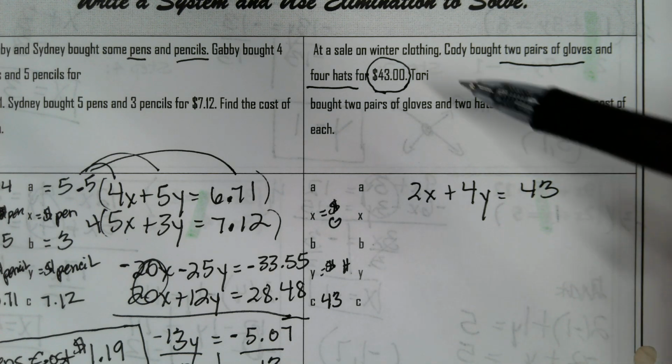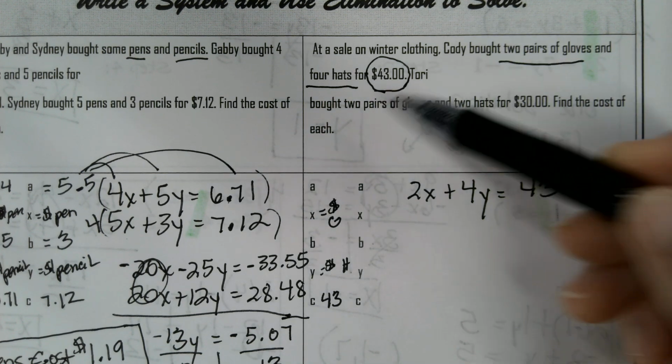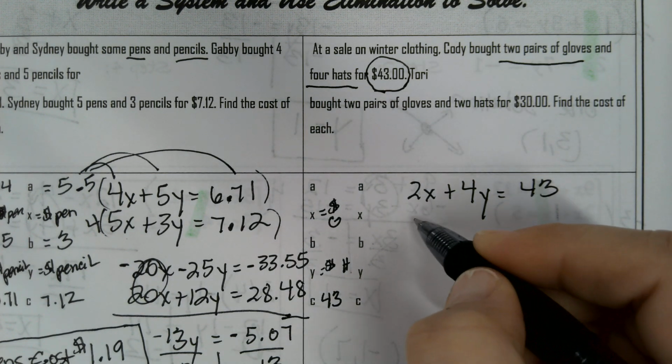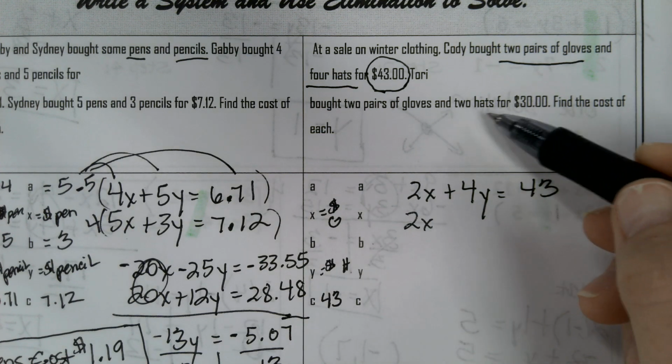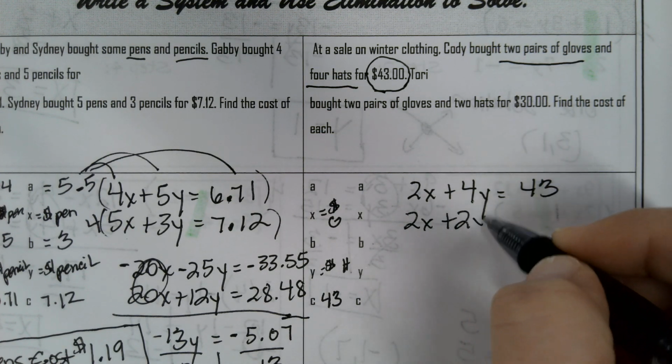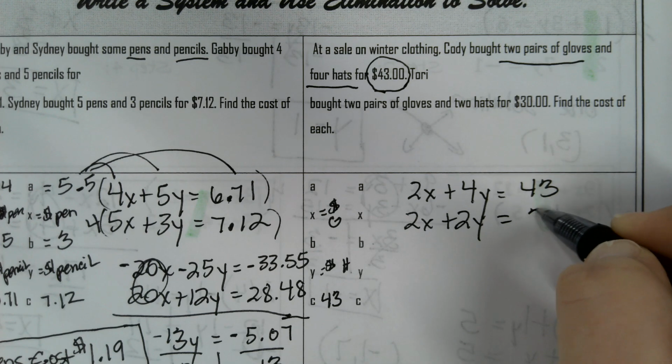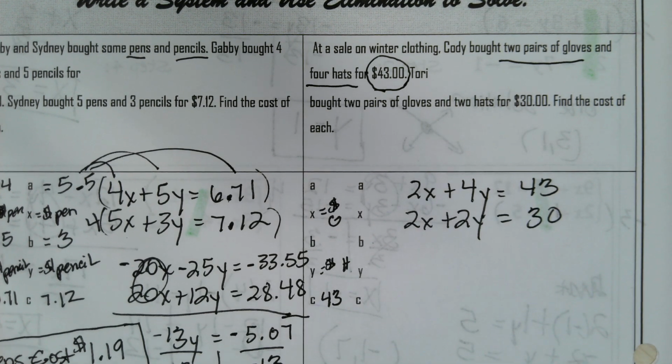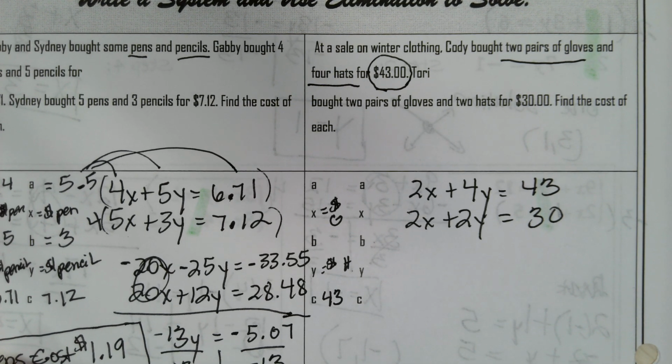Okay, and then it looks like Tori bought 2 pairs of gloves, so 2x, and 2 hats, plus 2y, and she spent $30. Okay, and then this one's a little easier to eliminate. Which variable are you going to eliminate here? x.